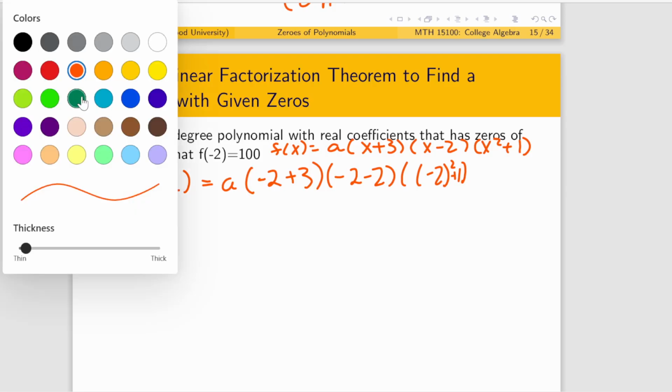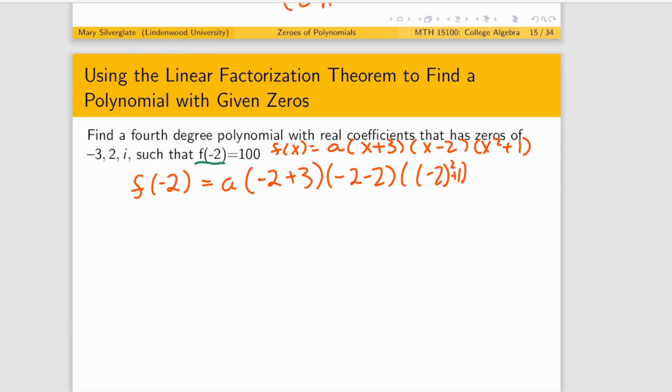They told us here that specifically f of negative 2 is equal to 100. So I know 100 is equal to my unknown multiplication factor times negative 2 plus 3 is 1. Negative 2 minus 2 is negative 4. Negative 2 all squared is 4, and then there's still a plus 1 in that parentheses.